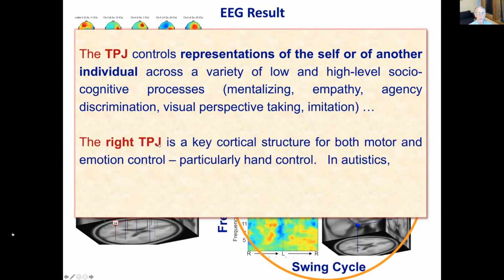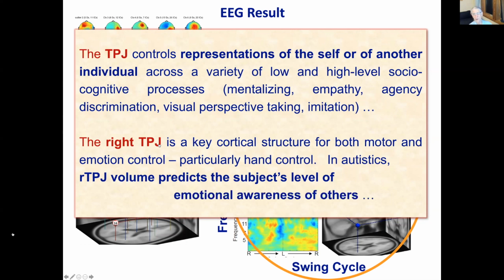And in particular, the right temporal parietal junction is a key cortical structure for both motor control and emotion control, particularly hand motor control. And in autistics, the morphometric volume of the right temporal parietal junction predicts the subject's level of emotional awareness of others.